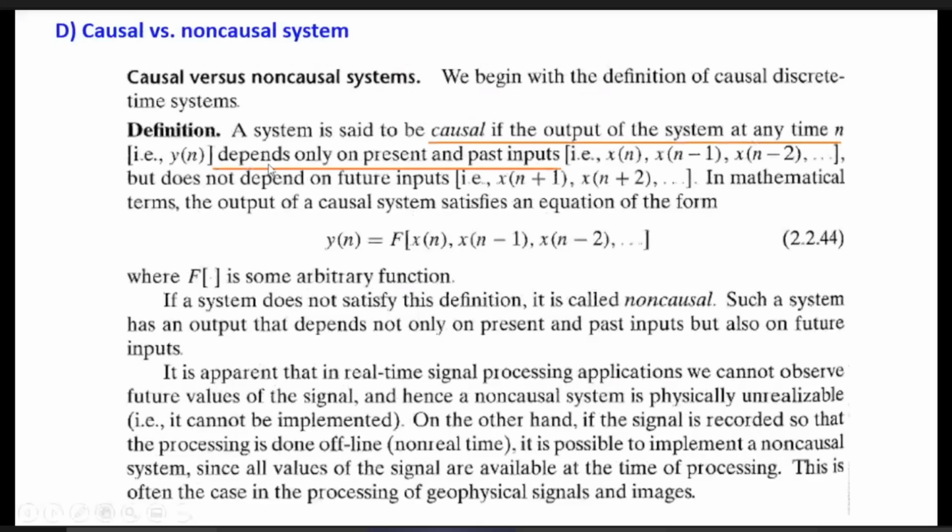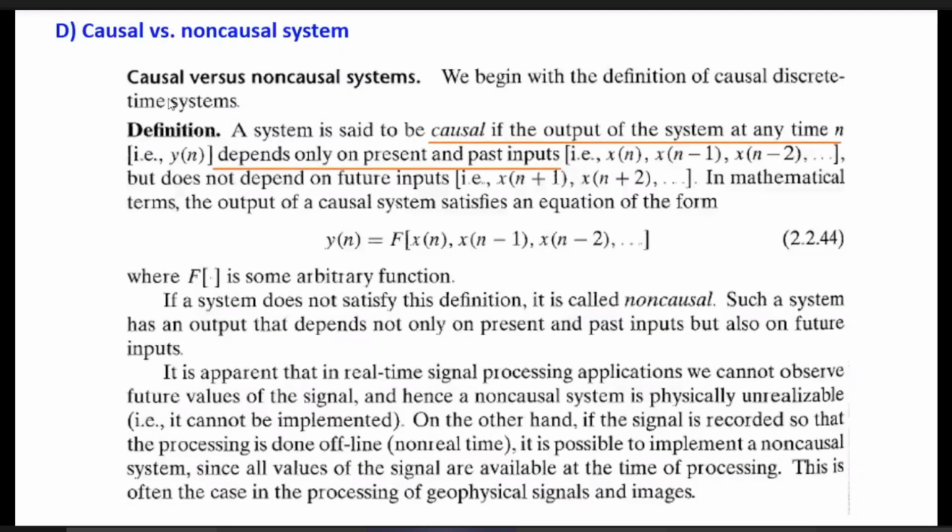So x squared [n] is a non-linear system. Now, causal and non-causal systems. What is a causal system?